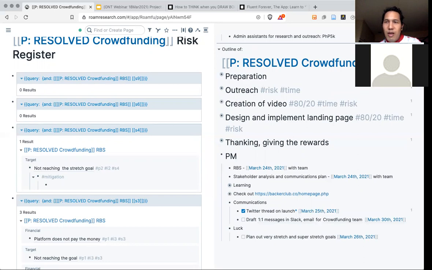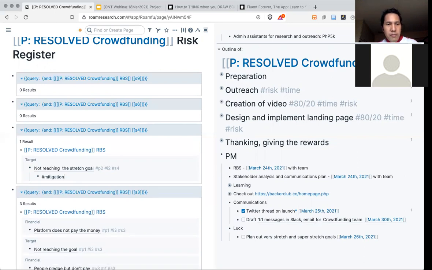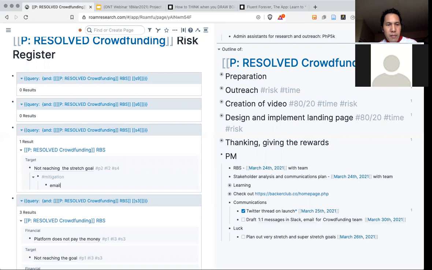I think for me, the main mitigation is the email campaign. Yes, the email campaign.